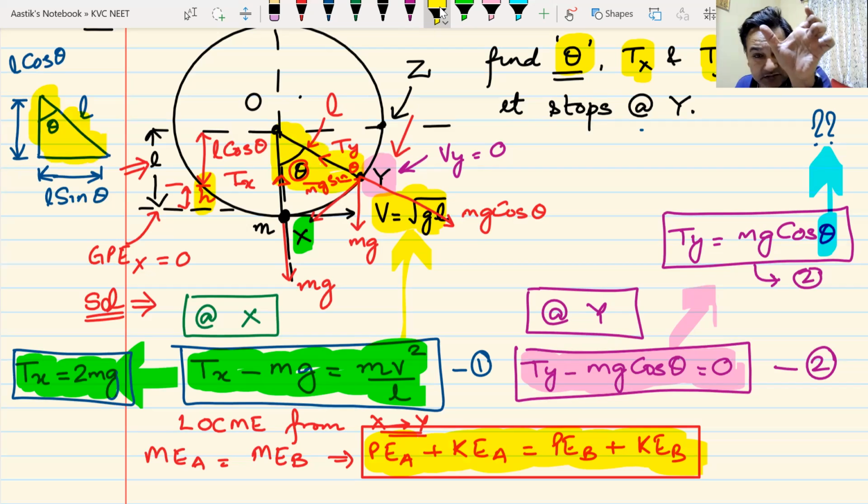This is L. This angle is theta. This side becomes L cos theta. The other side becomes L sin theta. I just now need to put the values at the points, and the rest I will leave for you to solve, because I'm not going to waste any more time in solving it.